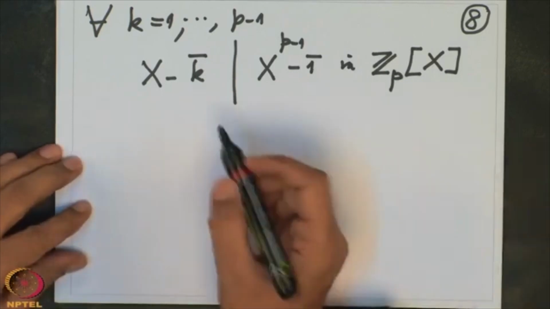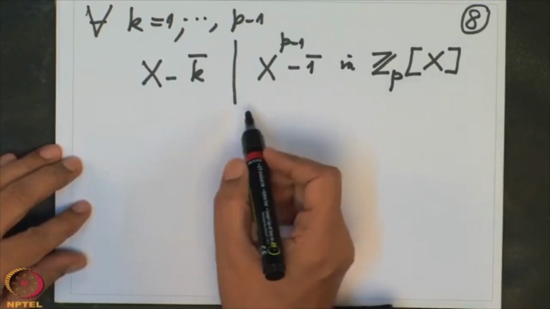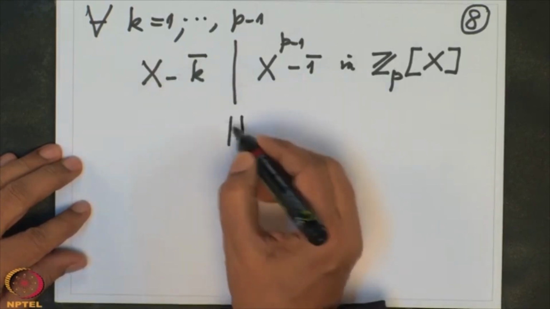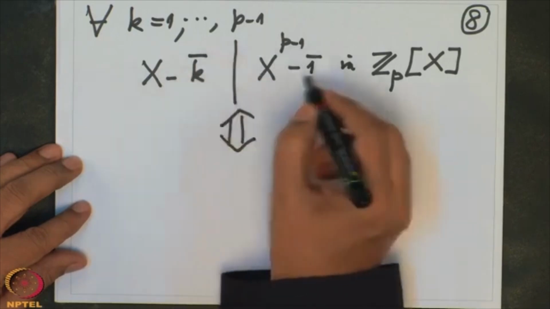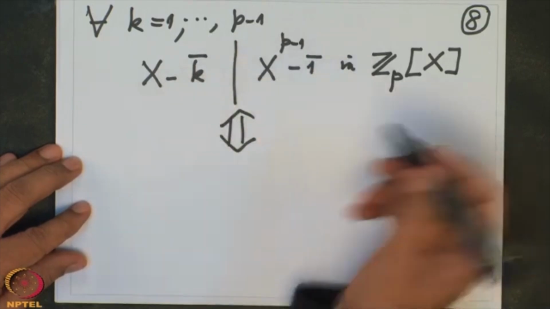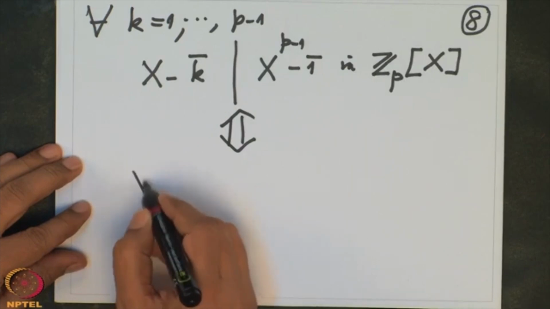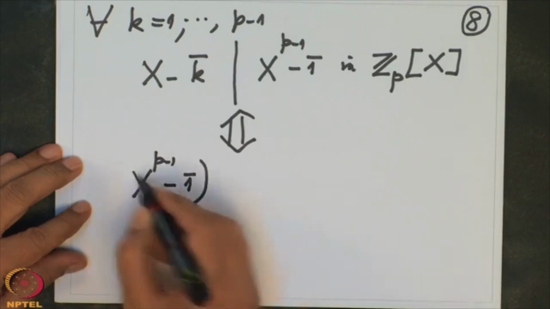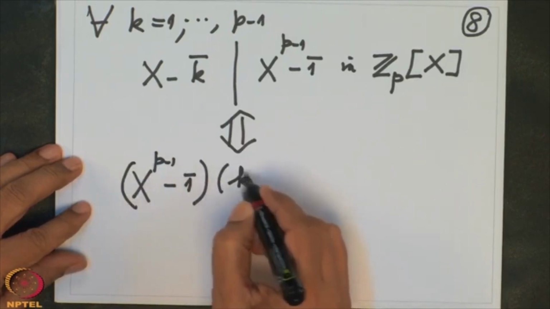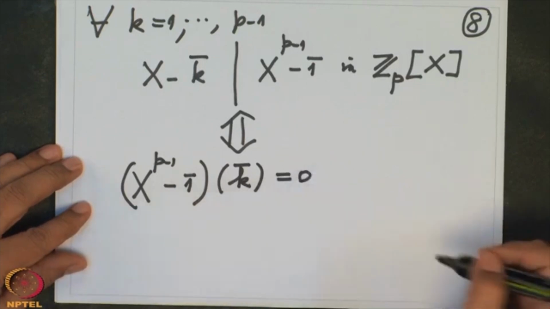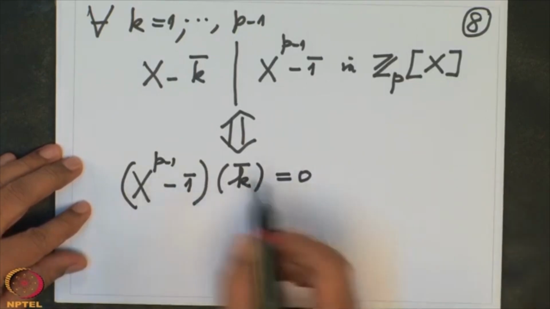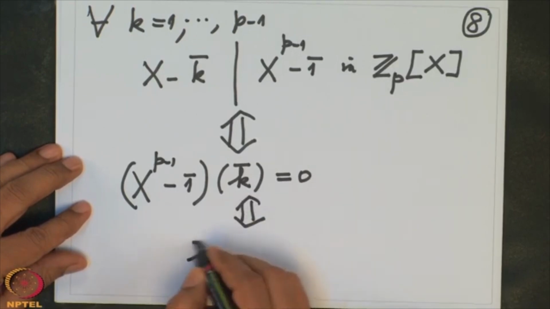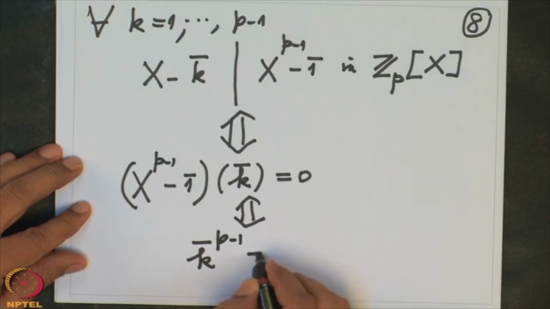But just now we observed that whenever you want to check somebody divides this, it's enough to check that when I plug in k bar, it should become 0. So this polynomial x power p minus 1 minus 1 bar, if I evaluate it at k bar, it should become 0. That is equivalent to checking k bar power p minus 1 equal to 1 bar.